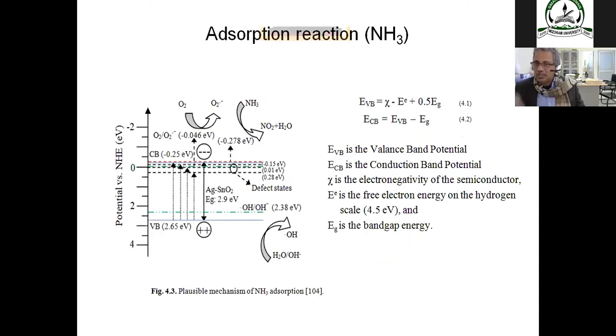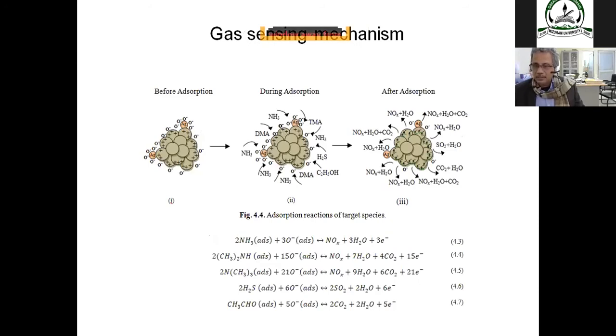So this is the adsorption reaction, how it's changing. This is the reaction for different gases. We have tested fish and meat. In meat, we have seen emitted gases: ammonia, TMA (trimethylamine), DMA (dimethylamine), and H2S gas.